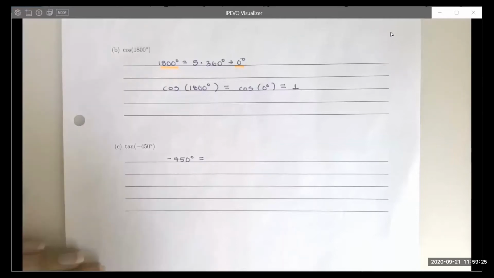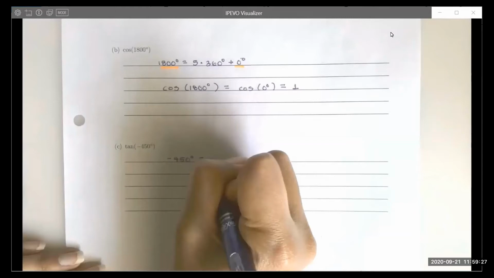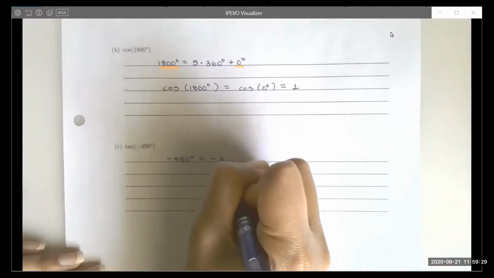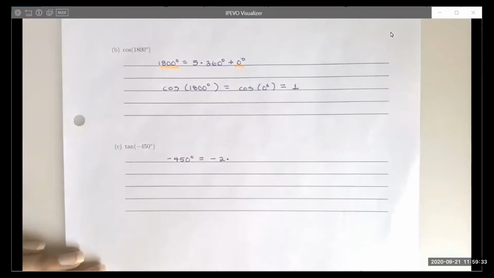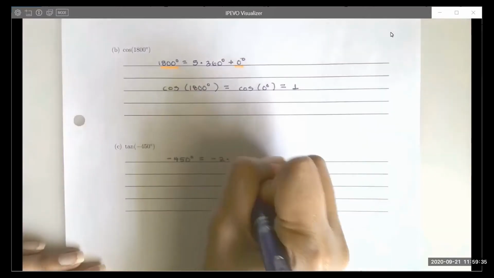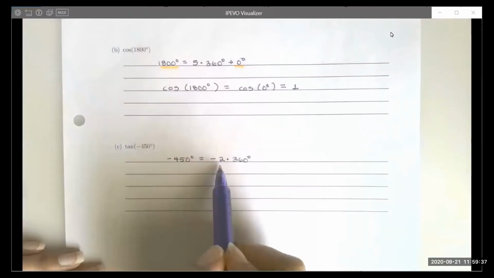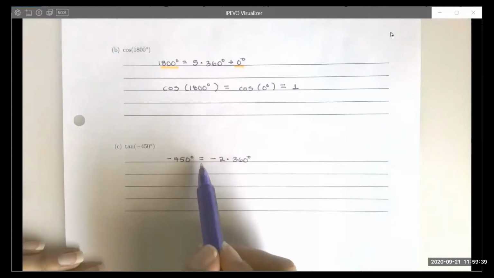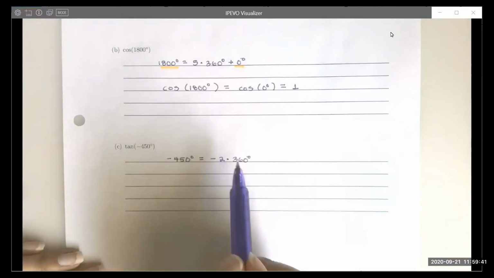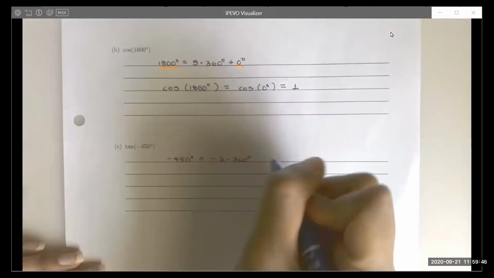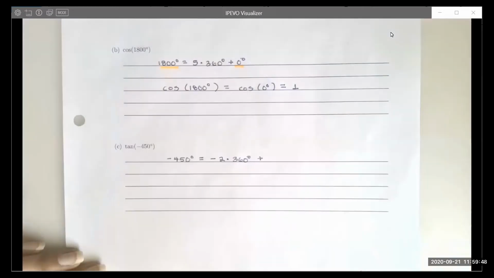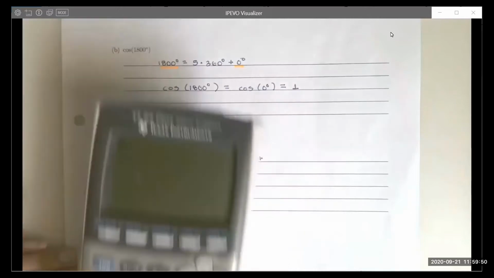This is like almost completing 2 cycles, but in the negative direction. So negative 2 times 360 would be negative 720. But we don't actually complete the second cycle because we're stopped short.